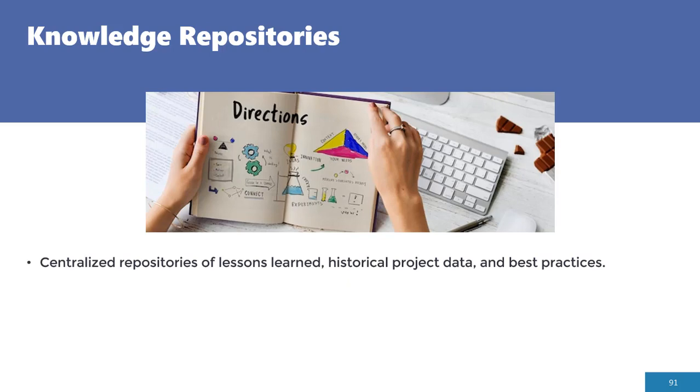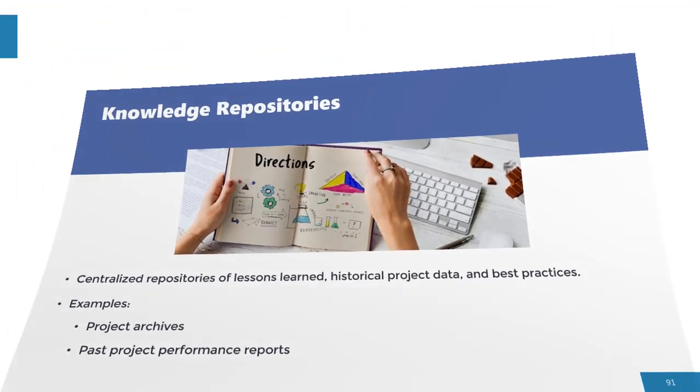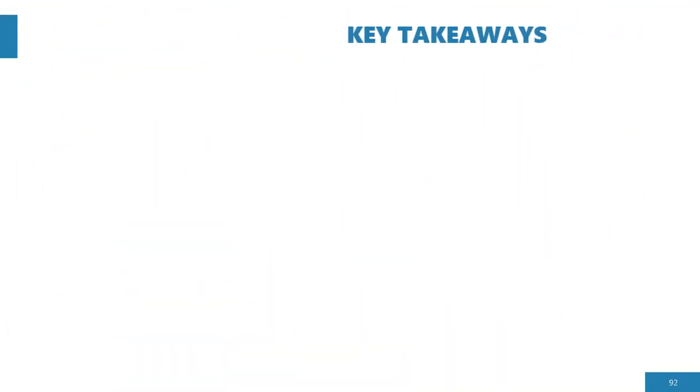Okay, so for every project there must have been lessons that you have learned, and then the history of your project data and the best practices, the things that have worked for your projects over time. Okay, they make up the knowledge repository for your organization. All right, examples include project archives, past project performance reports. So all these things are part of the knowledge repository.